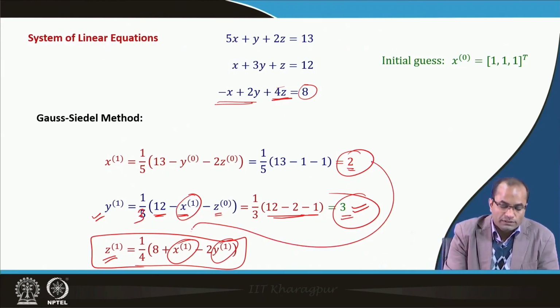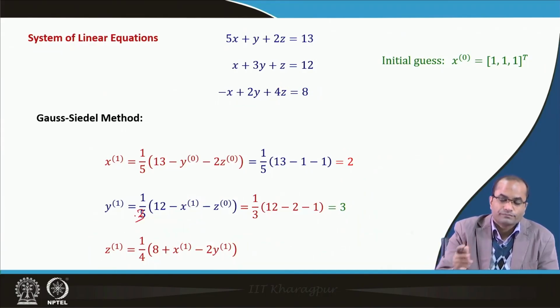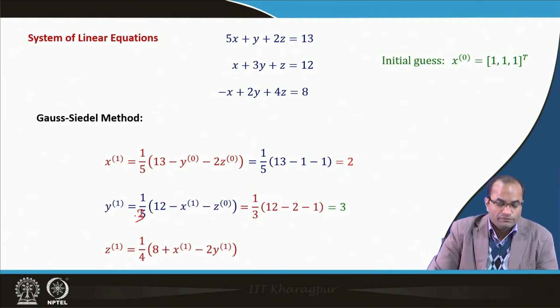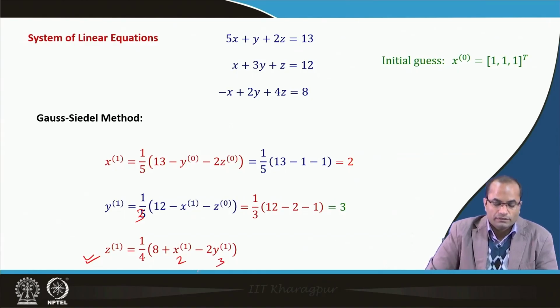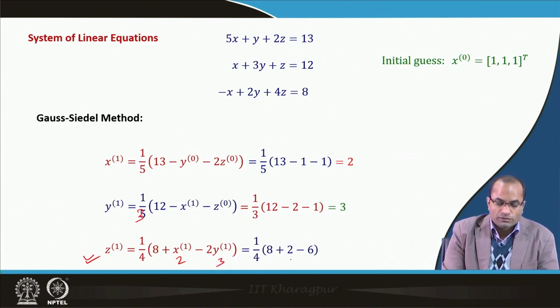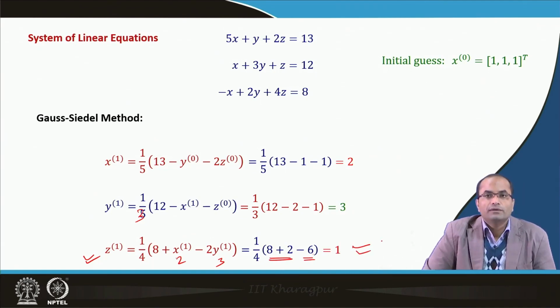So, we will be using these values now, which we have just computed. So, we will not use the values from the beginning, but we will use now the newly evaluated values as 2 here and 3 there. So, that means it is a 2 and then we have minus 6 there. So, 8 plus 2 10 minus 6 we have 4 and by 4. So, we have the value 1.